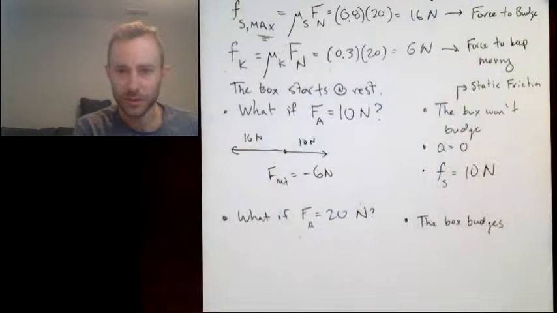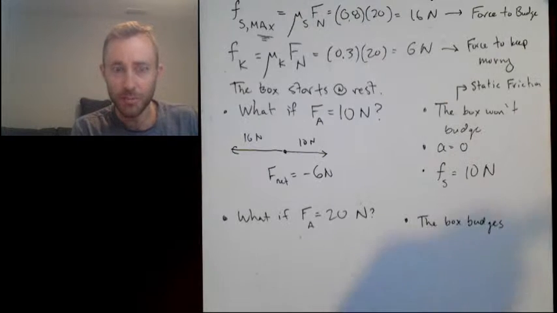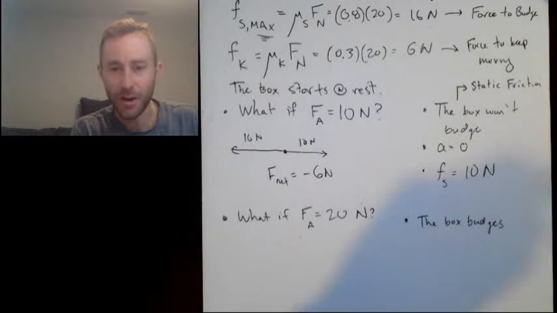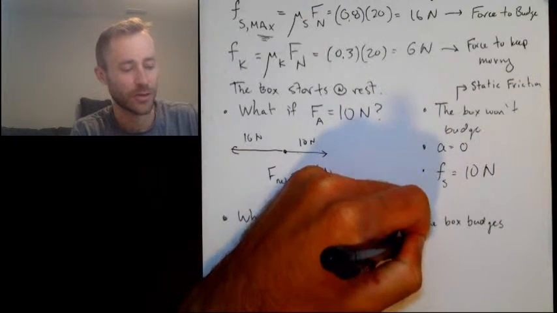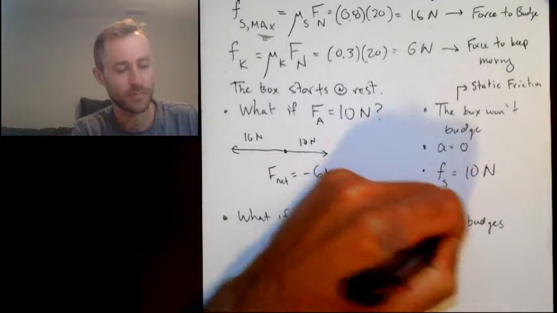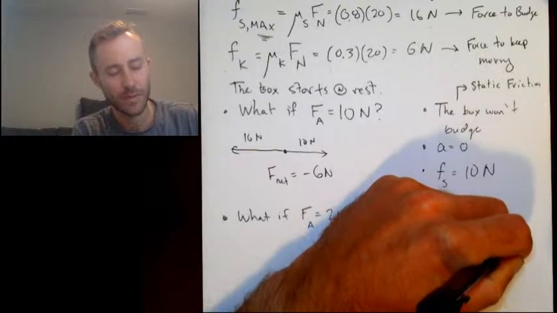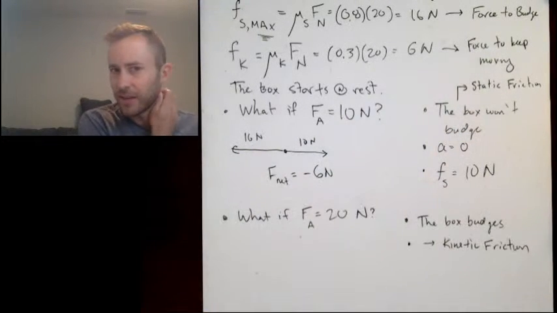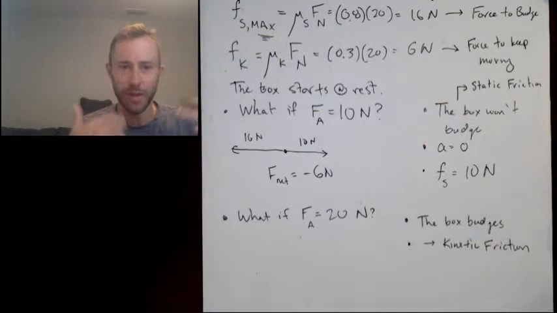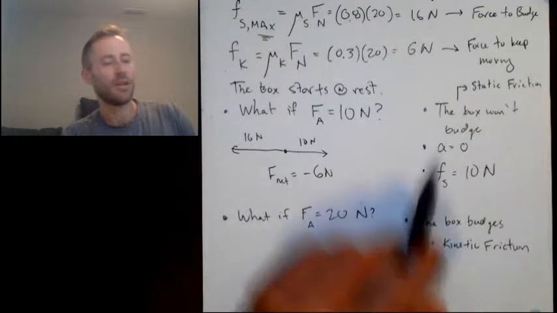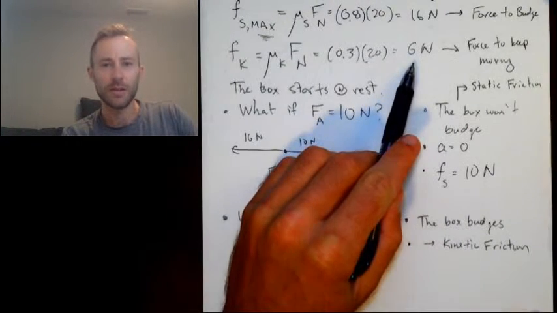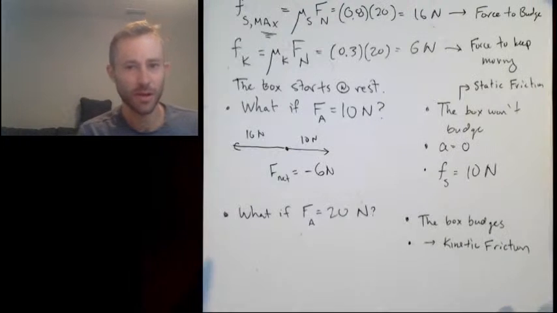The box budges. And if the box budges, then now we have kinetic friction. And kinetic friction doesn't have any of this maximum value business. So if it's sliding, kinetic friction is 6 newtons.